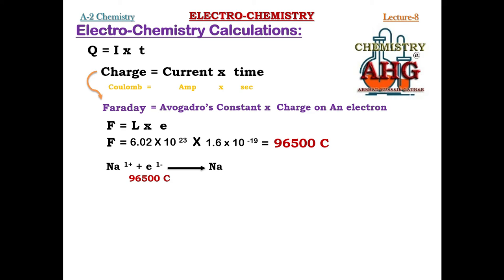You can say 96,500 coulombs is equal to 1 mole of sodium. And 1 mole of sodium atoms, how much mass does it have? It has 23 grams. So it is also correct. You can relate this charge that we passed through the solution during the experiment with the mass or the mole. Sometimes, during some electrolysis processes we may get some gases. We can collect gases.